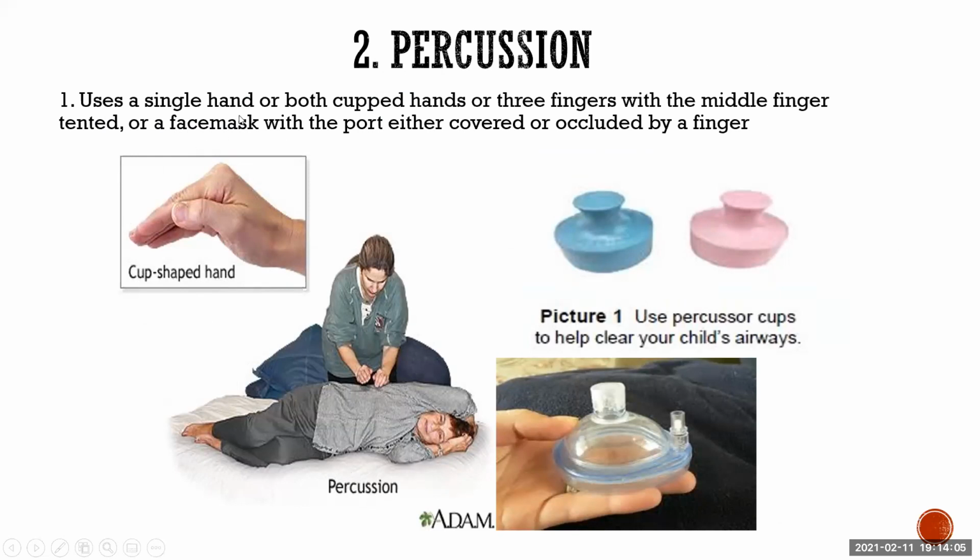So use a single hand or both cupped hands or 3 fingers with the middle finger tented. So make sure the hand is shaped like this, the cup shape. Or we use a face mask with the pot either covered or included by the finger, like the picture of the face mask here.